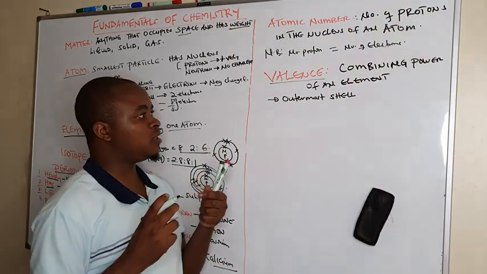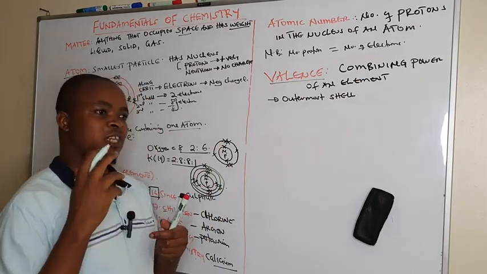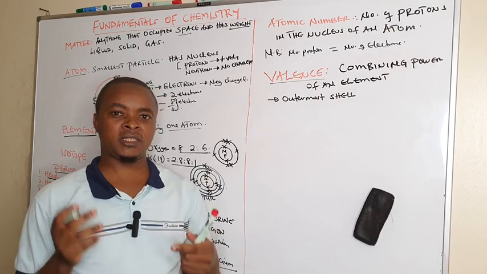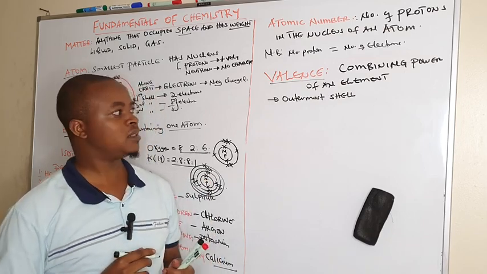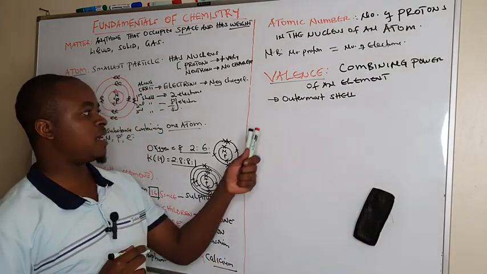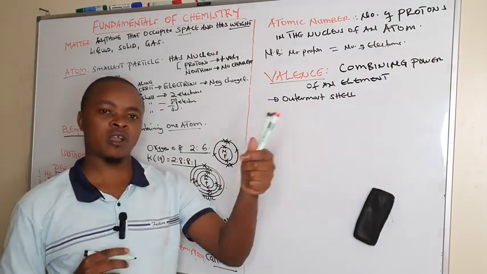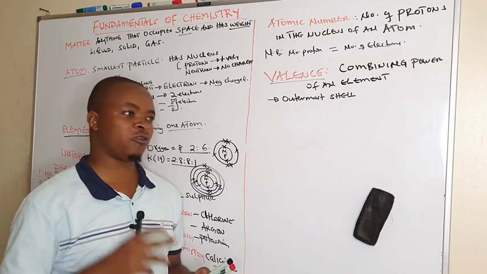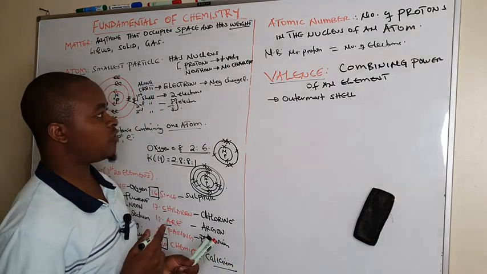So during bonding, how many electrons are shared or lost is what determines the valence, which is determined by the number of electrons, either which are there or which are lacking to fully fill, to form a stable electronic configuration.